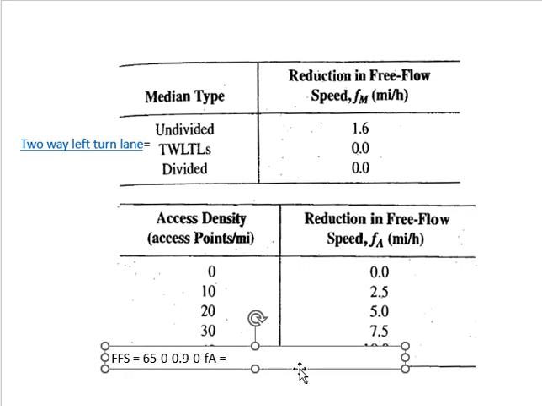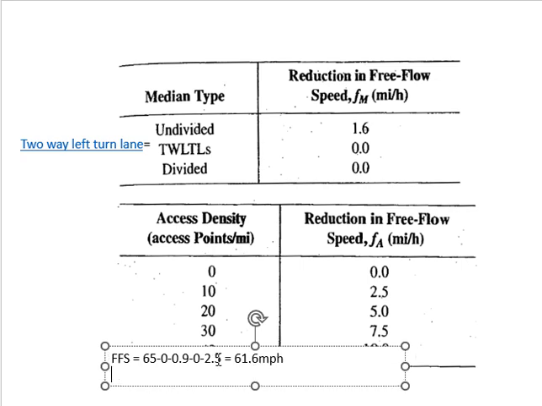How many access points are given? 10. For 10 access points, the factor is 2.5. So what is my free flow speed? 61.6. Second step is find out the factor for heavy vehicles.